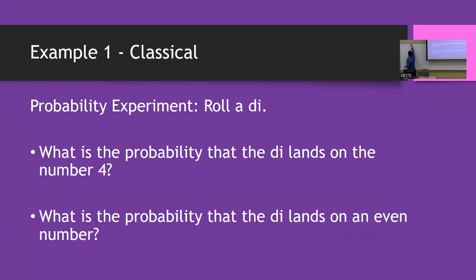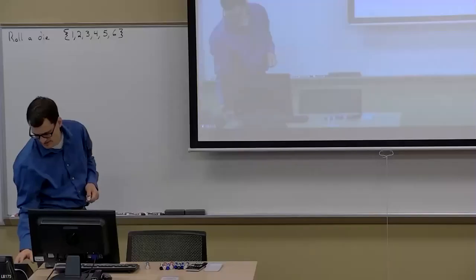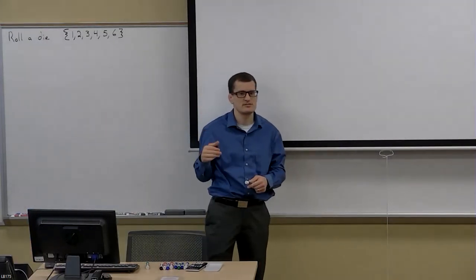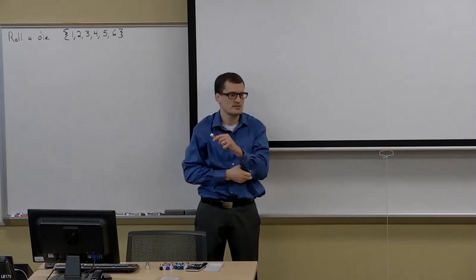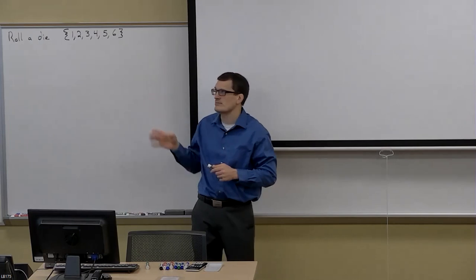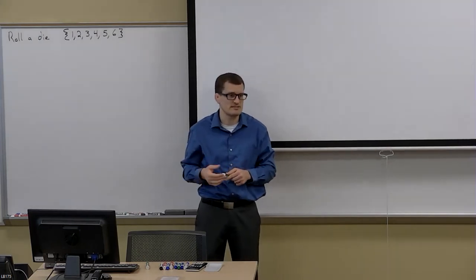Now, whenever we're going to roll a die in this class, it's going to be the standard 6-sided cube die. The standard 6-sided die that you use in most games. And so the options are going to be 1, 2, 3, 4, 5, and 6.